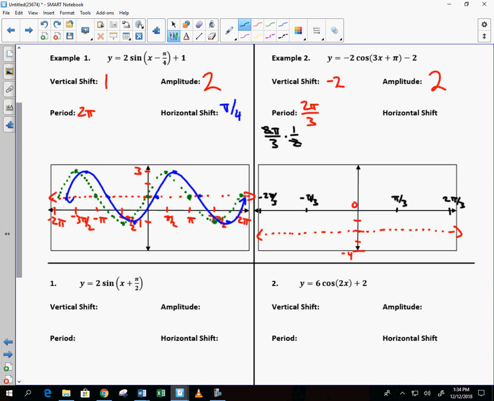Now I take pi over 3 and divide it in 2. So pi over 3 times 1/2. What's pi over 3 times 1/2? Pi over 6. So half of pi over 3 is pi over 6.